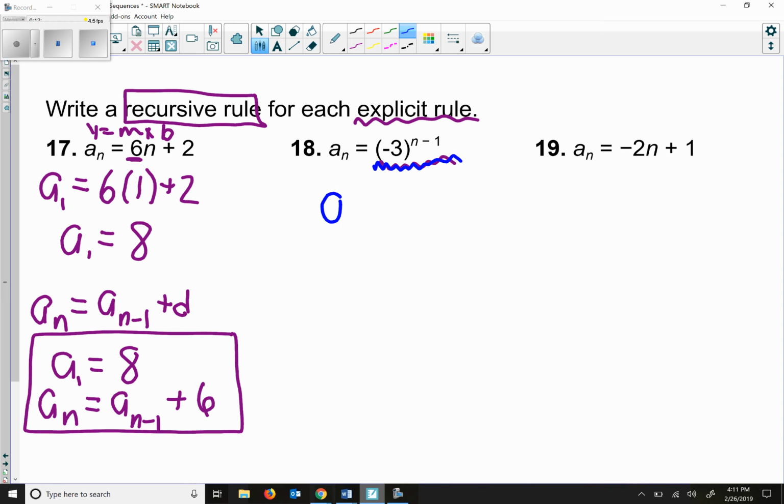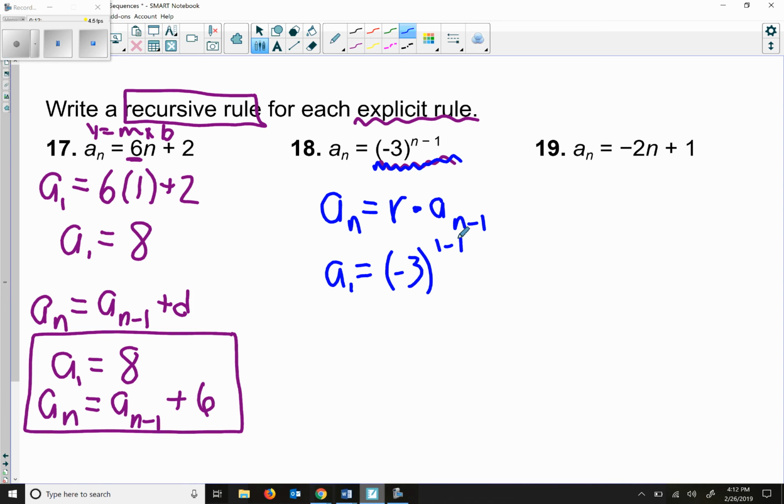So for this one, you're going to have A sub n equals R times A sub n minus 1. So finding our first term, A sub 1, you're going to have to just plug 1 in up here.